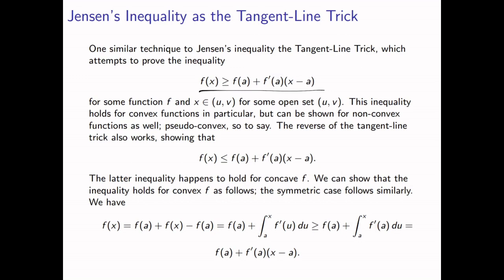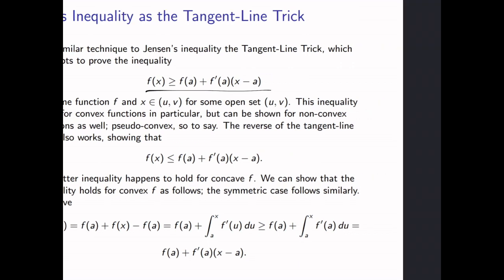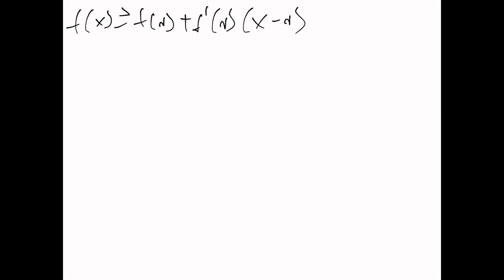So really what this is saying is that, I'll write it down here, f of x is greater than or equal to f of a plus f prime of a times x minus a.